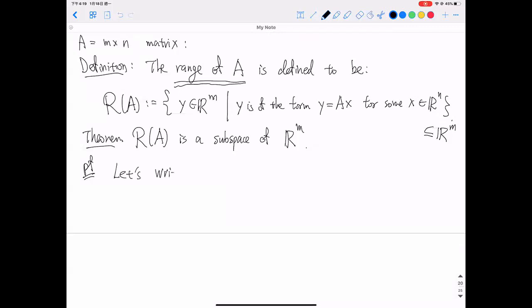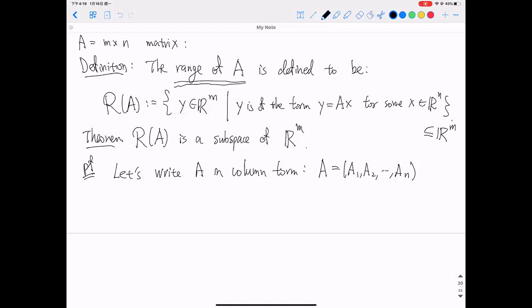Let's write A in the following form. In column form, let's say. Namely, I can describe A by listing its columns. There are n of them.